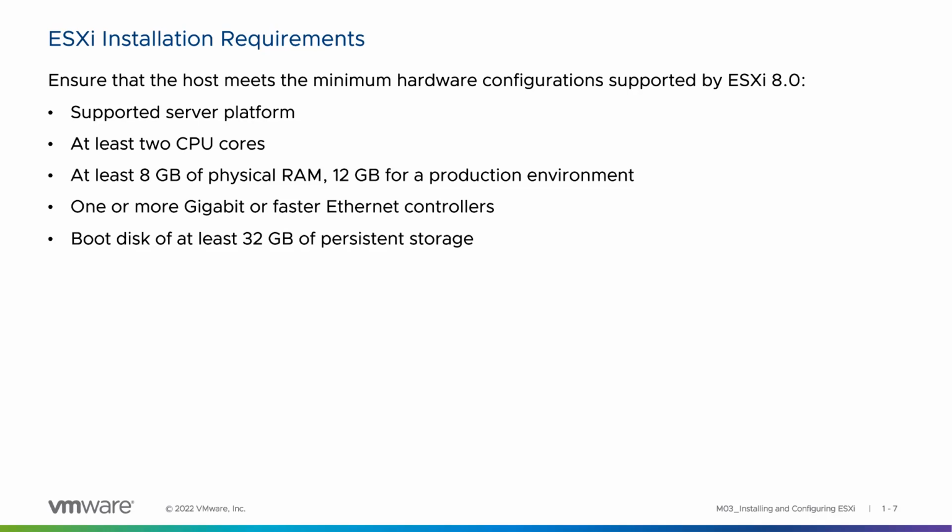ESXi installation requirements. So there's probably a second note to take down for the quiz. It should be on here anyway. There are minimum hardware configuration requirements to install ESXi 8.0. So supported server platform. What does that mean?